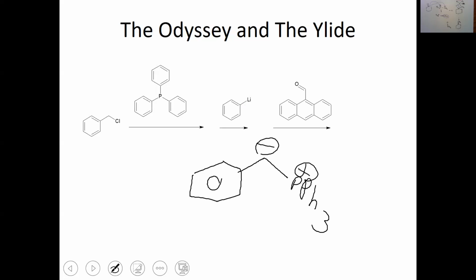And I add a carbonyl containing compound. The big picture of what happens in the Wittig reaction: the PPh3 runs away with the O, and the carbons that each of those were connected to run away together.